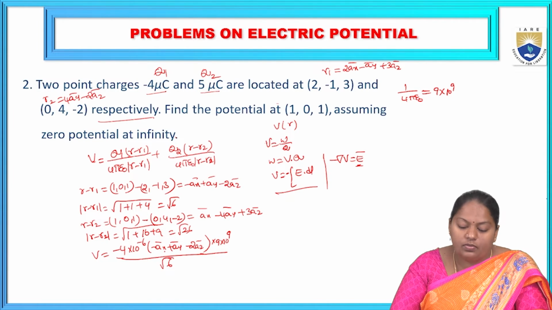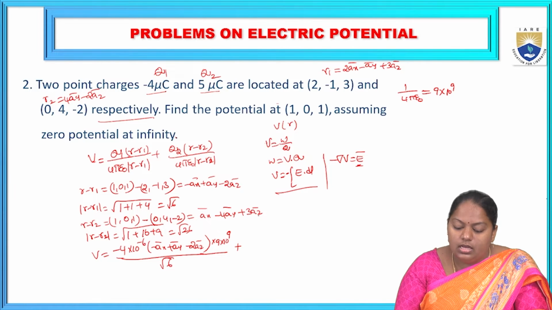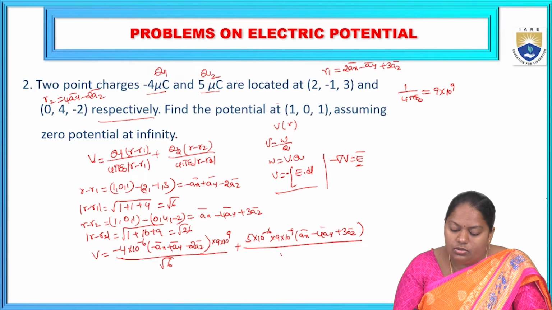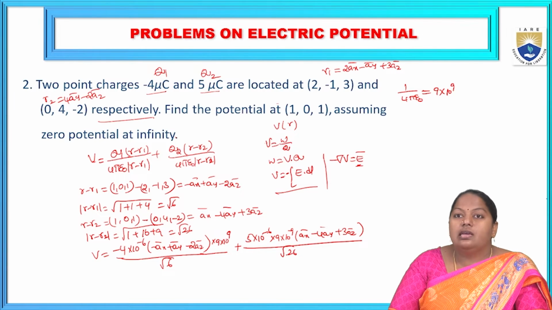Then plus Q2, which is 5 micro, into 10 power minus 6, and 1 by 4 pi epsilon naught directly as 9 into 10 power 9 into (R minus R2), means AX minus 4AY plus 3AZ, divided by root 26.